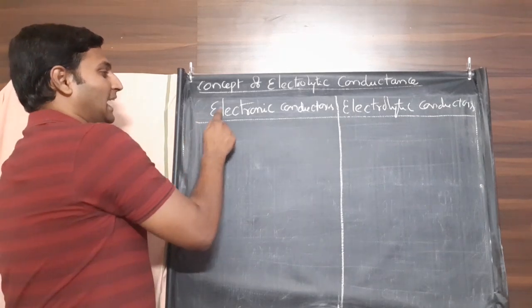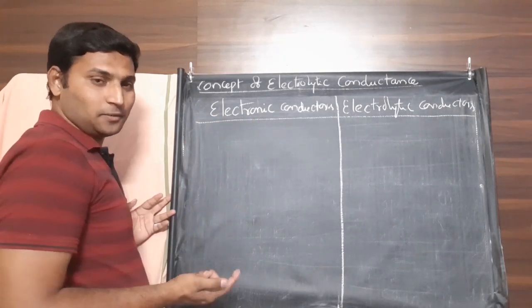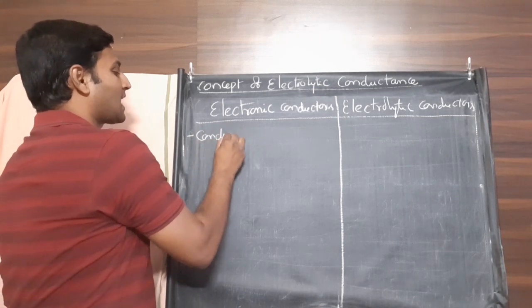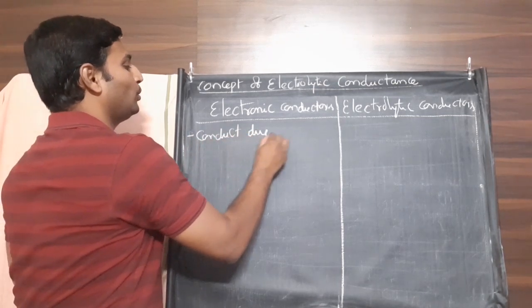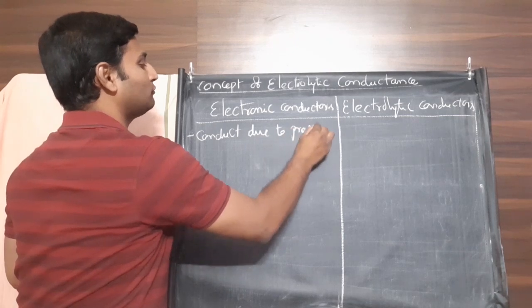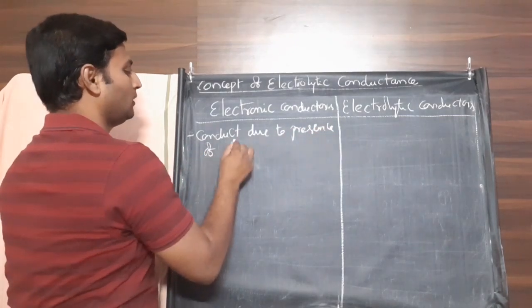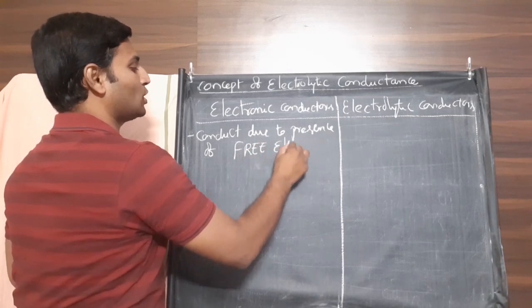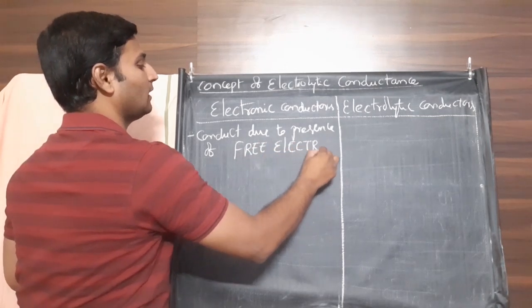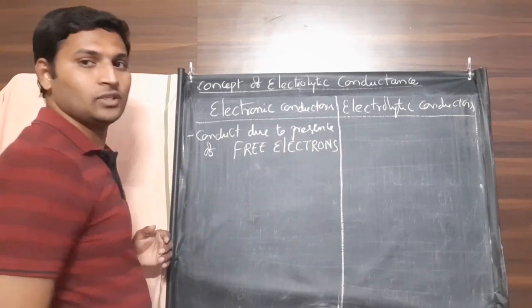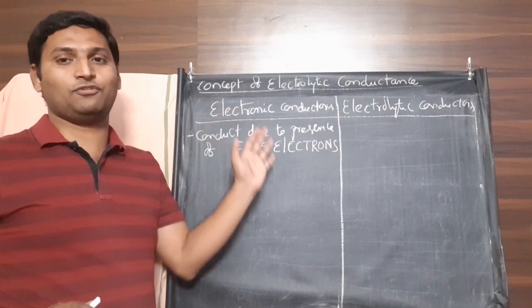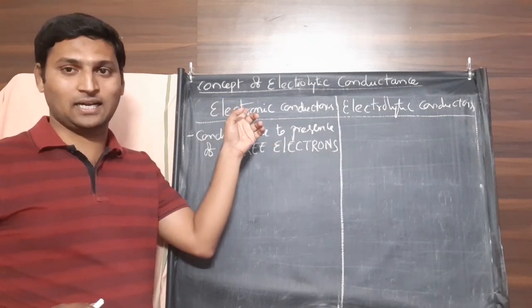Why are they called electronic conductors? There is a reason. These substances conduct due to the presence of free electrons. So any substance which conducts due to the presence of free electrons is called an electronic conductor.